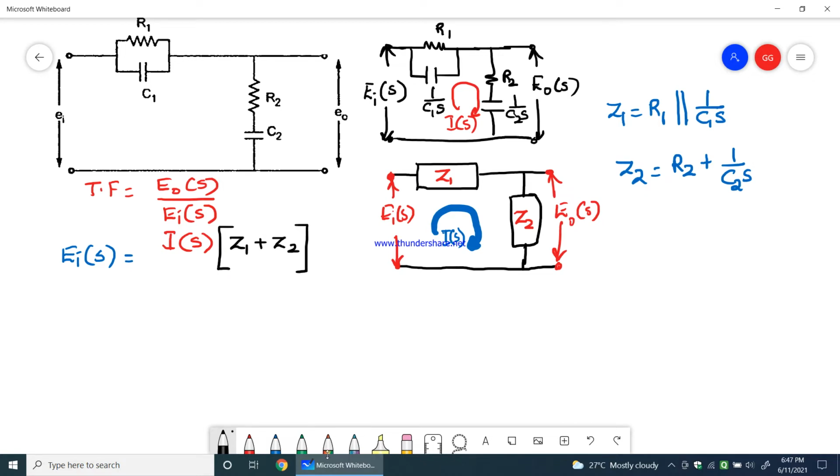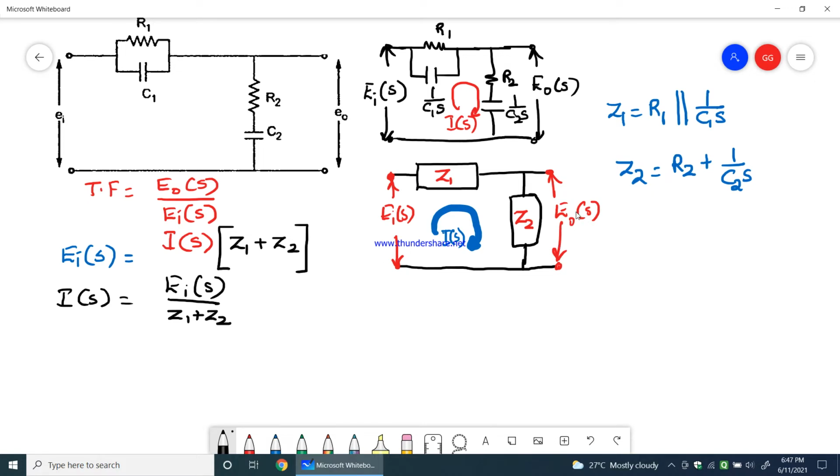E in of S equals I of S into Z1 plus Z2, or I can say I of S equals E in of S divided by Z1 plus Z2. This can be written.